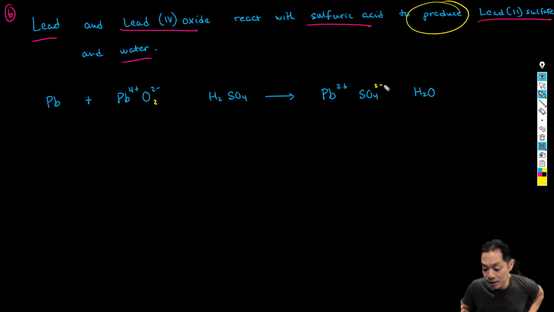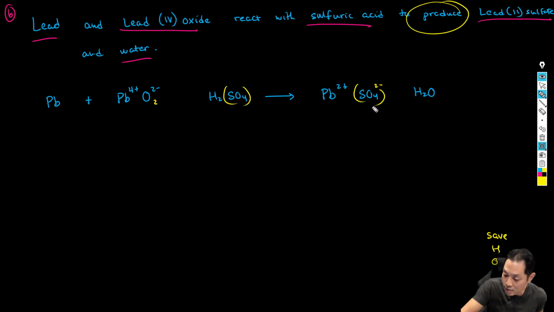Like I said, you want to save hydrogen and oxygen for last, and if we could keep this together, I'm going to try my best to do it. It will make your life easier if you could count it as a whole. So right now it looks like I have SO4 on both sides, so I'm going to do that. So I'm going to read left to right.